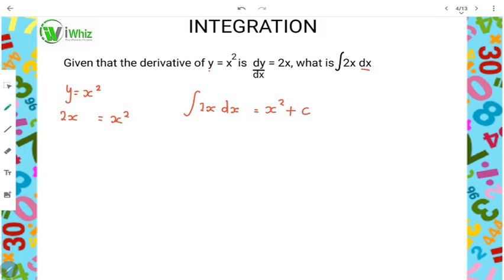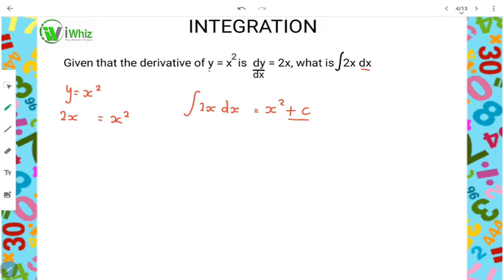Why do we add that plus c? We notice that when we perform an indefinite integral, where we don't have a limit at the top and a limit at the bottom, we refer to that as an indefinite integral. So when we have an indefinite integral, you do not have any limits on the integral sign, but there is this plus c.